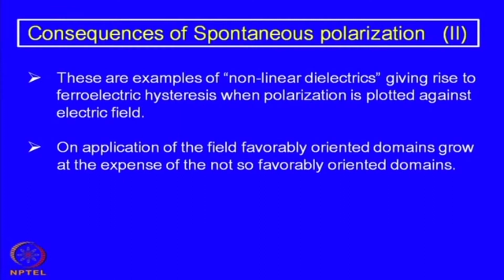That is how, ultimately, at the end of the process all the domains will have a parallel orientation aligned with the direction of the electric field. You then have the maximum polarization possible at that stage, which we call the saturation polarization.